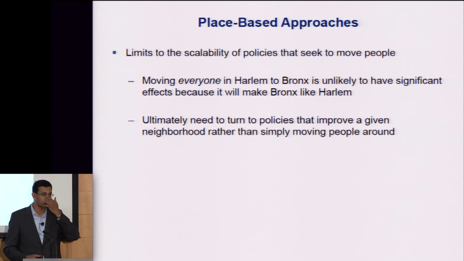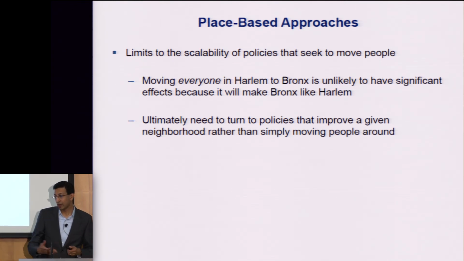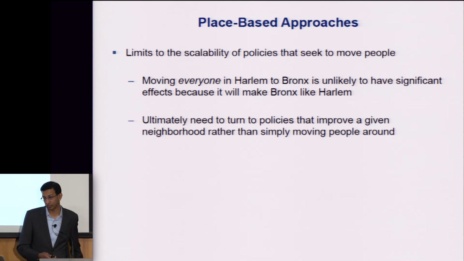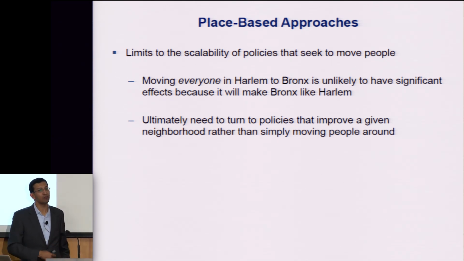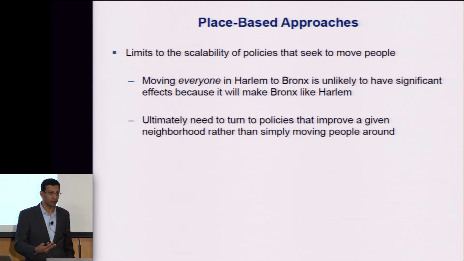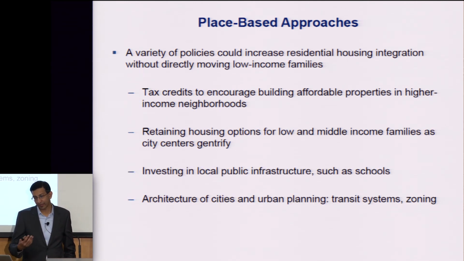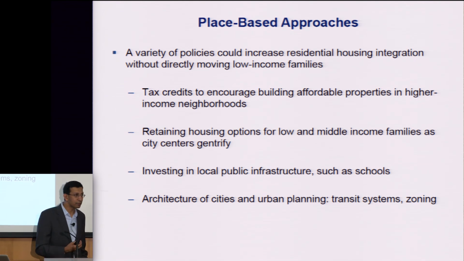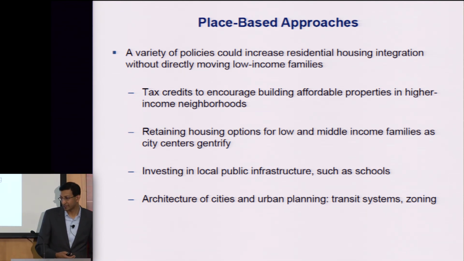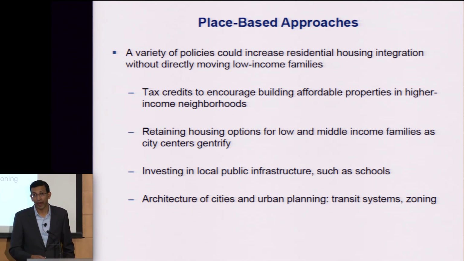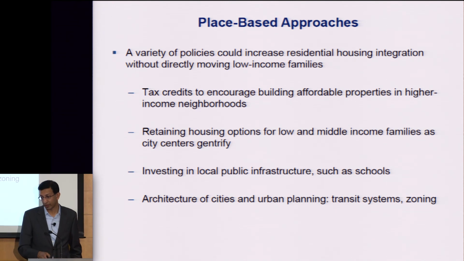I want to say a quick word about the second approach that I mentioned, which are these place-based approaches. So naturally, you can't move everyone from Harlem to the Bronx, right? That's not really a scalable policy solution. And so I think it's important to think about other policies that can increase residential integration without directly moving low-income families.